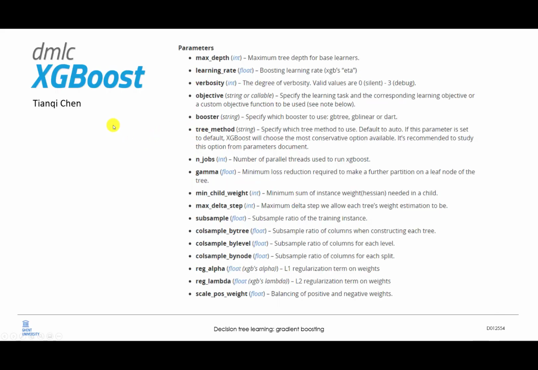And so one very popular implementation of gradient boosting, of what I just explained to you, is XGBoost. So it's very popular among machine learning experts, actually. And so what you can see here is just a small list of all the hyperparameters that can be set. I'm not going to explain them in detail. You have some bagging parameters.